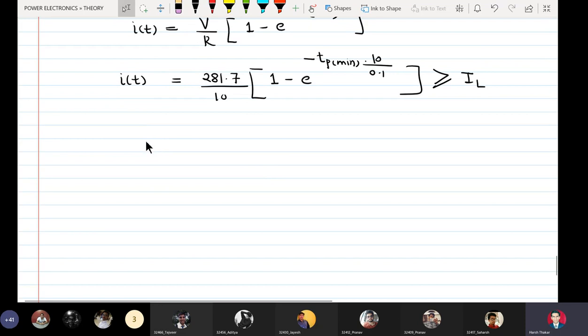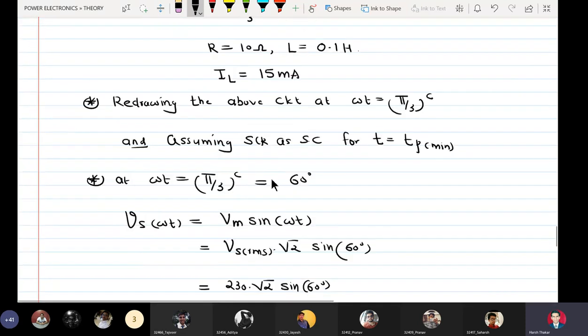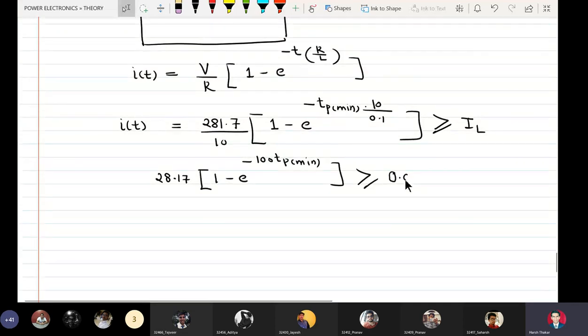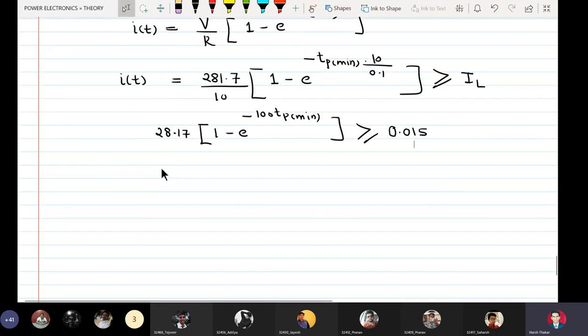Okay, so we have 28.17 into 1 minus e raised to minus 100 into Tp min should be greater than or equal to IL, which is 15 milliamperes, so it is 0.015.